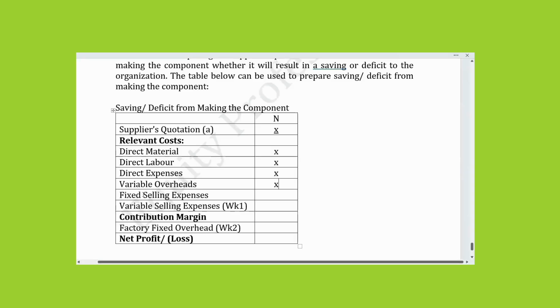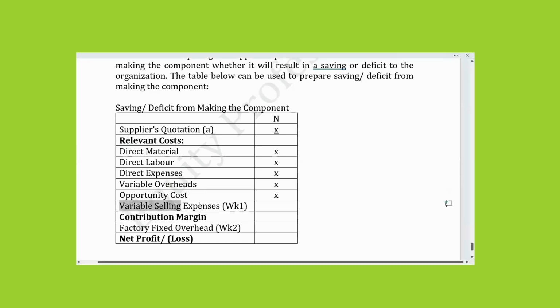It is possible you may have variable selling expenses relating to the make or buy, all right? Whatever the expenses that you have. So let's say you have opportunity cost as well. Any opportunity cost, you post it.